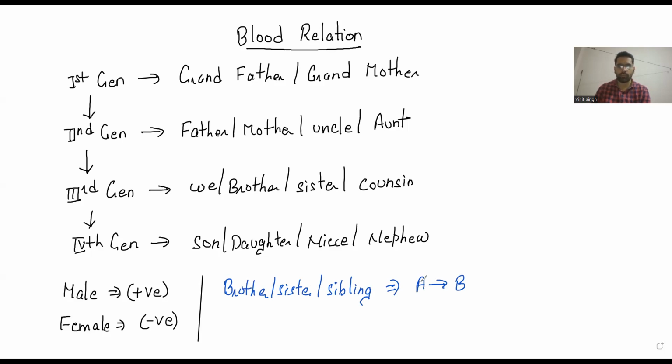A can be a brother or sister of B. B can be a brother or sister of A. For spouse, married couple, we will take a double-headed arrow. X can be the husband or wife of Y. Y can be the husband or wife of X. For brother, sister, sibling, we will take a single-headed arrow. For married couple, spouse, we will take a double-headed arrow.